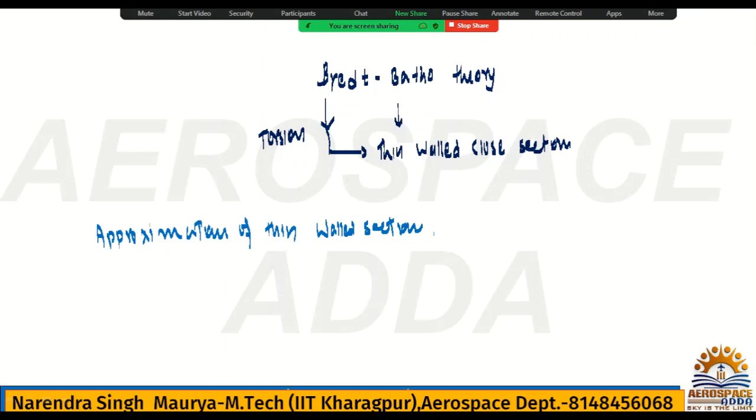The thin wall nature of aircraft structure allows simplifying assumptions in the determination of stresses and deflections produced by bending. Thus, the thickness t of a thin wall section is assumed to be small compared with the other cross section dimensions. That means if you are talking about the diameter of any tube or vessel, compared to the diameter, the thickness of that section is negligible, or assumed to be small compared to the cross section.